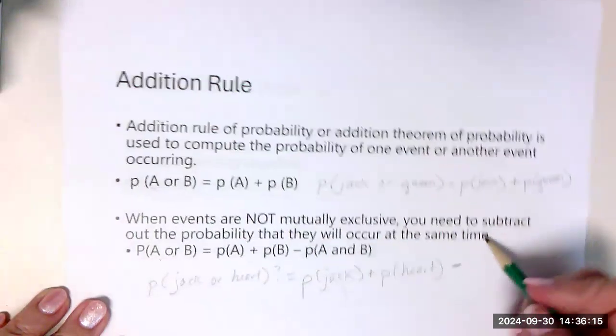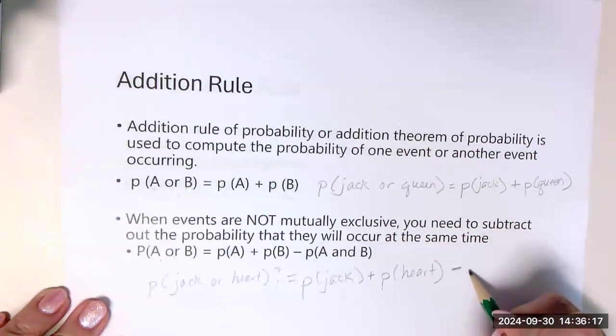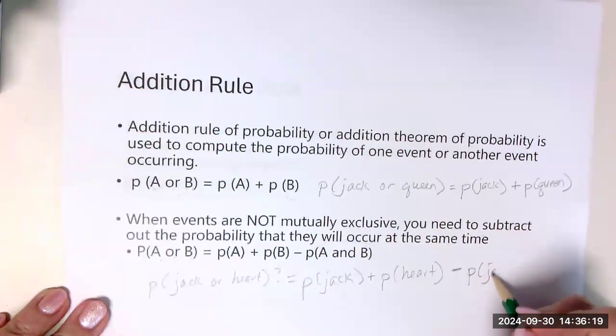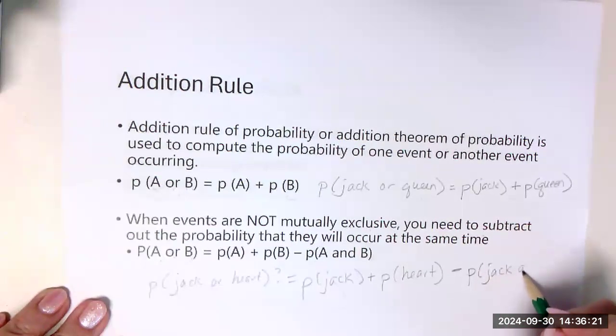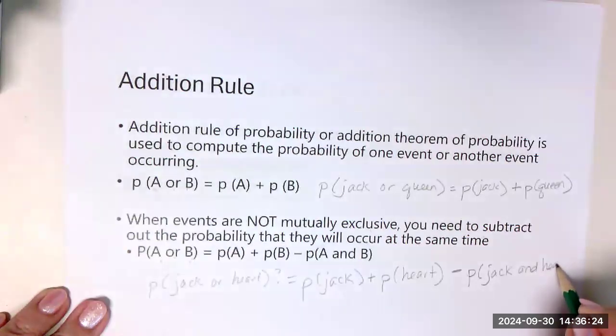So we're going to take out the probability of getting really the jack of hearts, a jack and a heart.